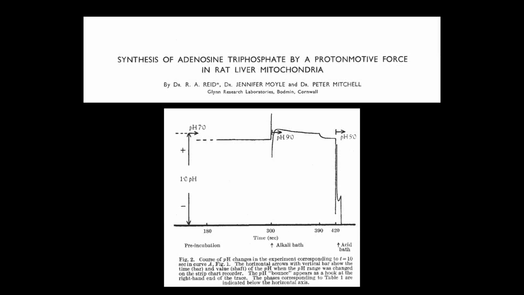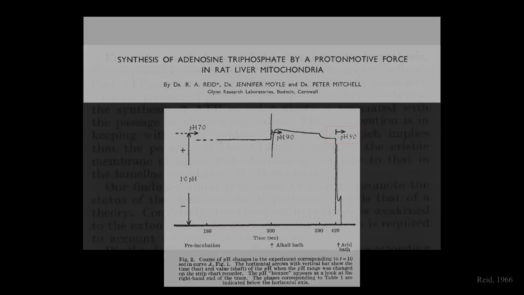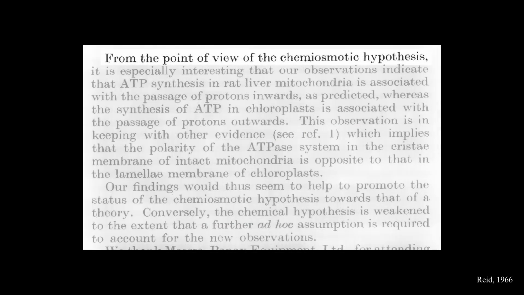Peter Mitchell's group came to similar results using rat liver mitochondria, except that mitochondria first had to be bathed in an alkaline solution and ATP measured in an acid bath, noting that, from the point of view of the chemiosmotic hypothesis, it is especially interesting that our observations indicate that ATP synthesis in rat liver mitochondria is associated with the passage of protons inwards as predicted, whereas the synthesis of ATP in chloroplasts is associated with the passage of protons outwards.